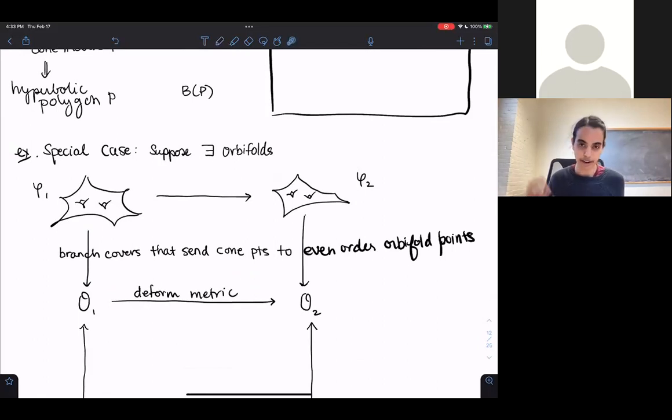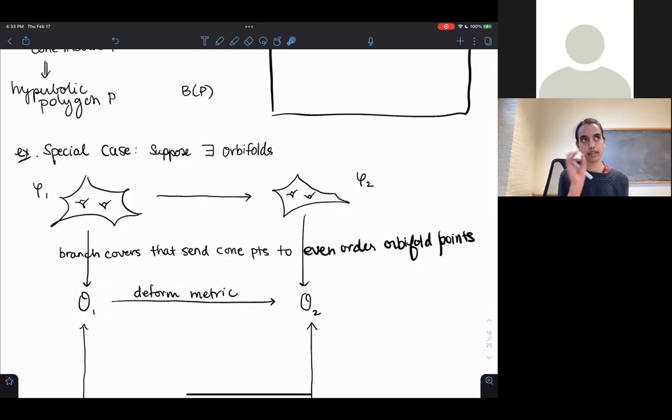Suppose that I had this situation, where I have this hyperbolic cone surface and it branch covers an orbifold, and all these cone points are sent to even order orbifold points here. Suppose further that this orbifold has some non-trivial Teichmüller space.